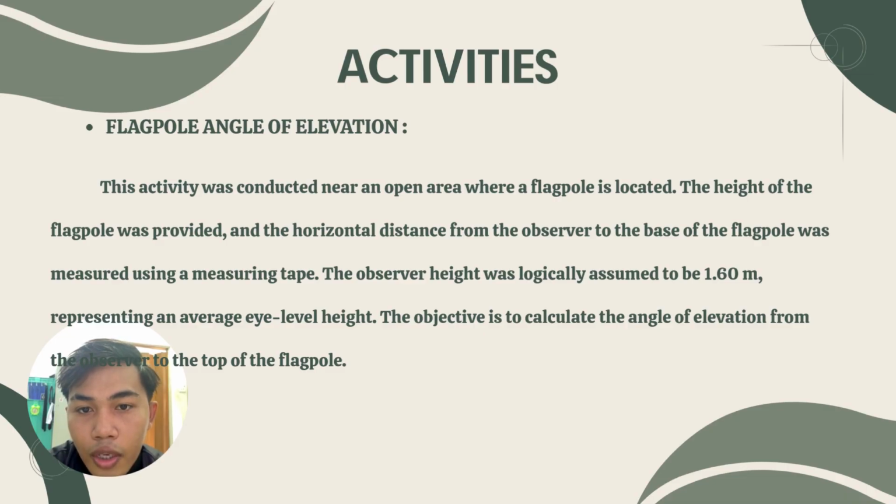The observer height was logically assumed to be 1.60 meters, representing an average eye level height. The objective is to calculate the angle of elevation from the observer to the top of the flagpole.